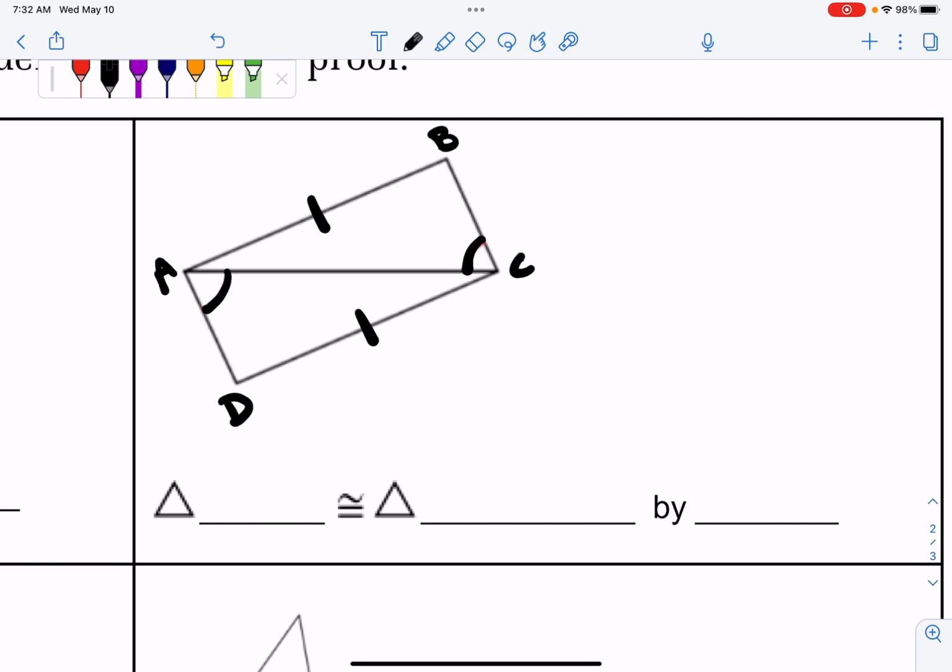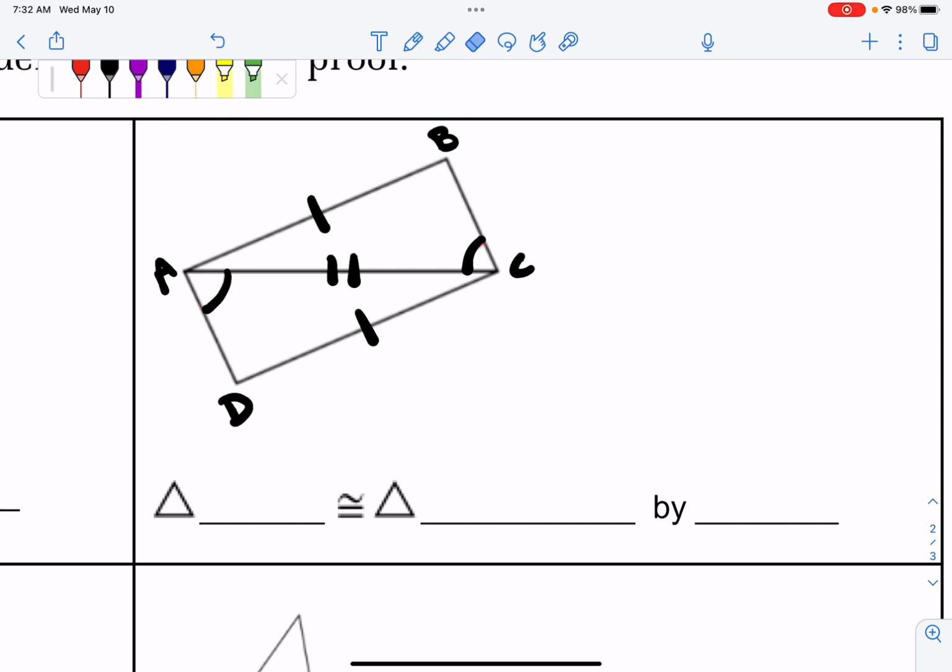And if you look back up at the rules that we're using, we need at least three. So the other piece of information we know, even though they didn't tell us directly, is that this side of this triangle is the same as this side of that other triangle because they're the same side, obviously. So because they are the same side, they must be equal to each other. So now we have an additional piece of information.